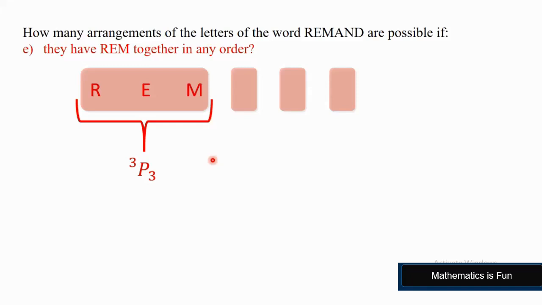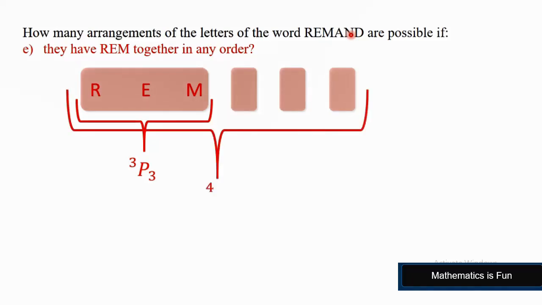Whenever different units are supposed to stay together, we consider them as a single unit. Now we have 4 units to arrange in 4 places: REM as one unit, and then A, N, and D. So we can arrange them in 4P4 ways.